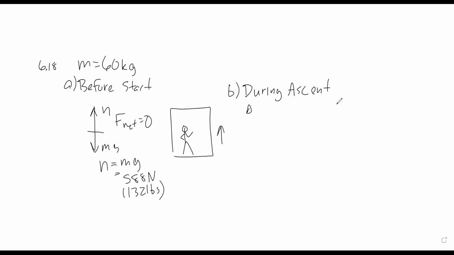If I recall, the delta V was 10 meters per second in a time delta T of 4.0 seconds. So that means we had an acceleration of plus 2.5 meters per second squared. And just to confirm that we're actually going upward in this problem, I believe we are.